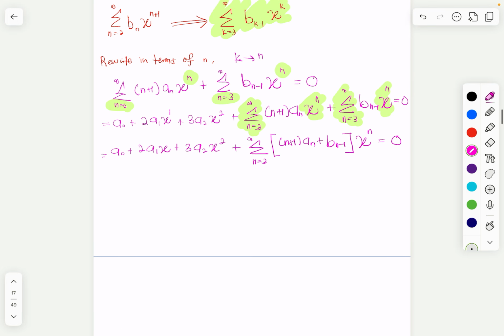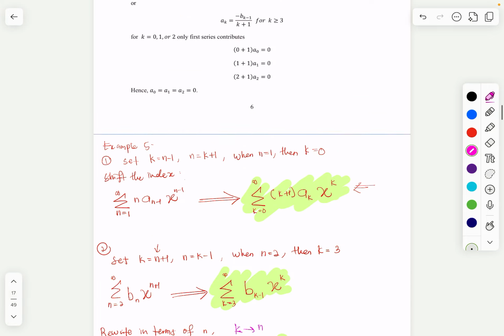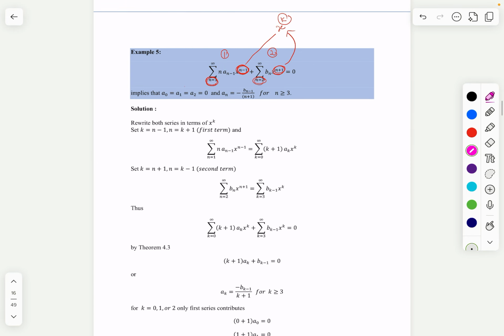Since this equals 0, the parts a_0, a_1, a_2 are also coefficients, so we can equate them to 0. So a_0 equals a_1 equals a_2 equals 0. Looking back at the example, this implies that a_0, a_1, a_2 equal 0, so we already get that.